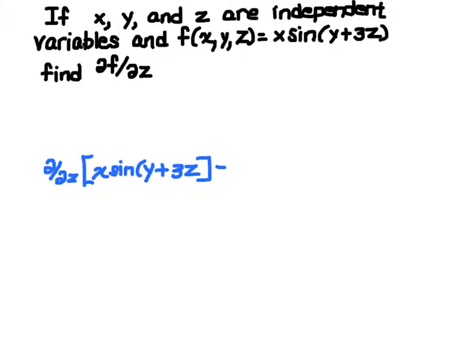When we do this, we're going to factor out the x because we treat x like a constant, and so we're going to take the partial derivative with respect to z of the sine of y plus 3z, and I'm going to move that up.